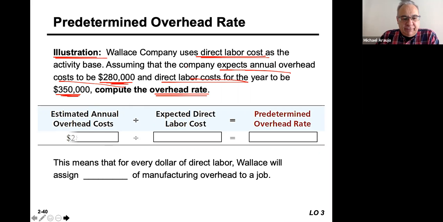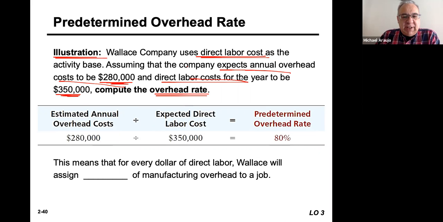So the overhead rate is going to be 80% of direct labor. So whatever we have for direct labor costs, we have to assign 80% of that cost to overhead, manufacturing overhead. And that's how they do it.